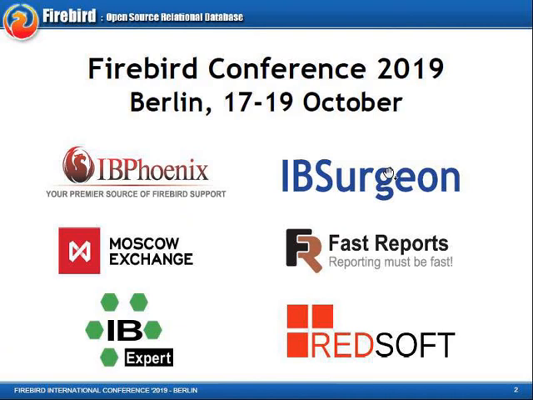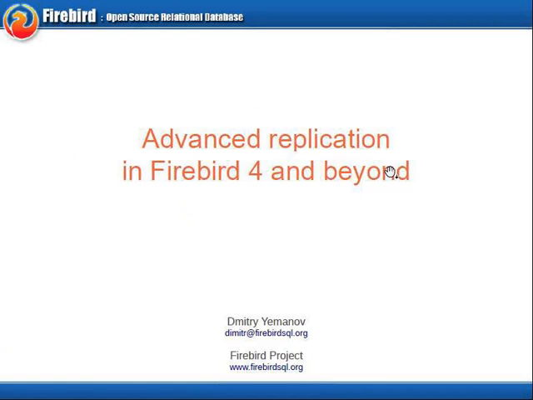Not all of them are available right now in the Firebird 4 beta release. Some of them could be available in the final release, maybe in subsequent minor releases. This is why it's called Firebird 4 and beyond, because as I said yesterday, replication is quite a complex framework that can be evolving with every Firebird version and get more and more features.